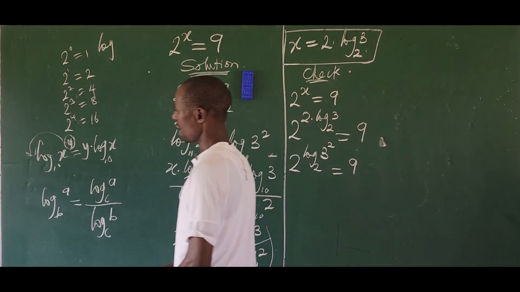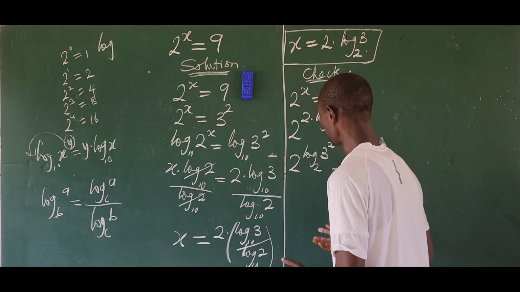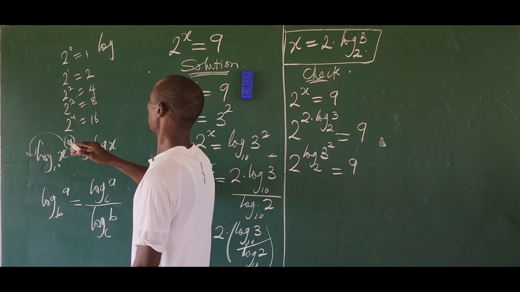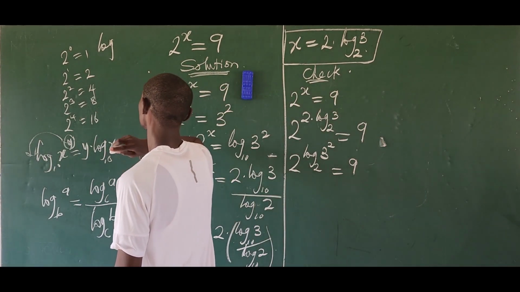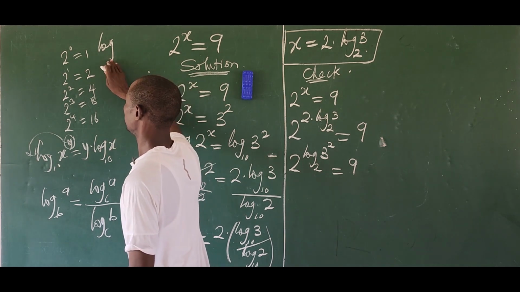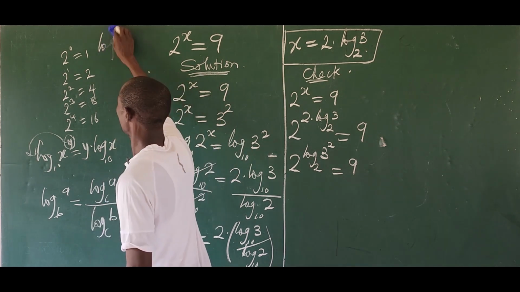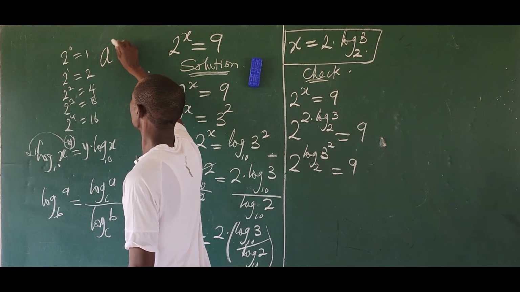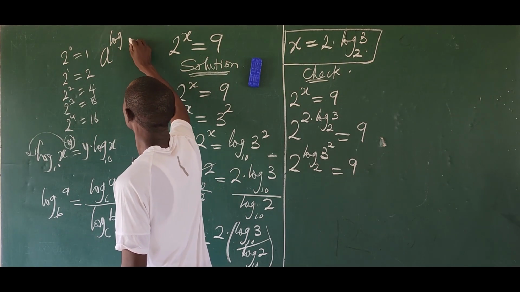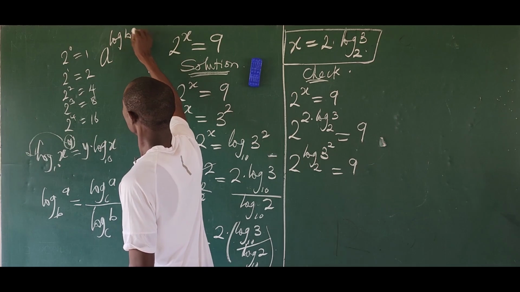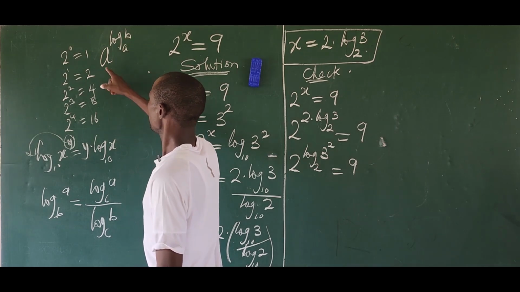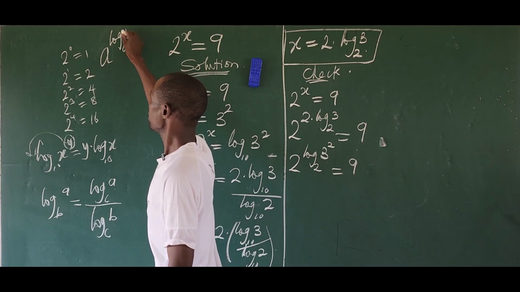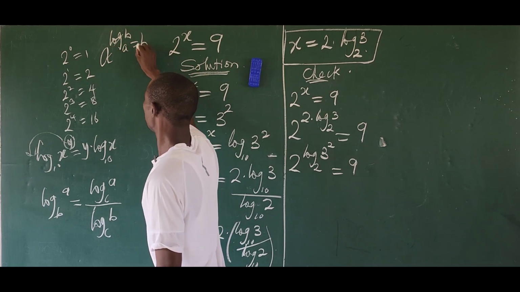Again, remember the law in logarithm, which says that if you have a, all raised to the power of log b base a, because here we're having a and here we're having log base a, this will leave to give us b.